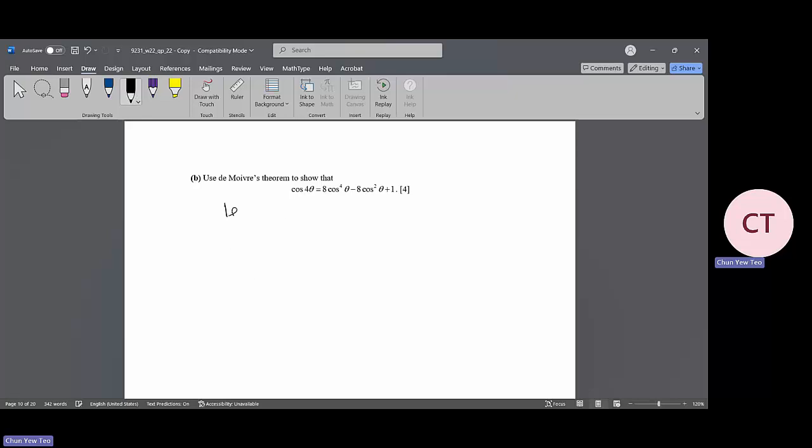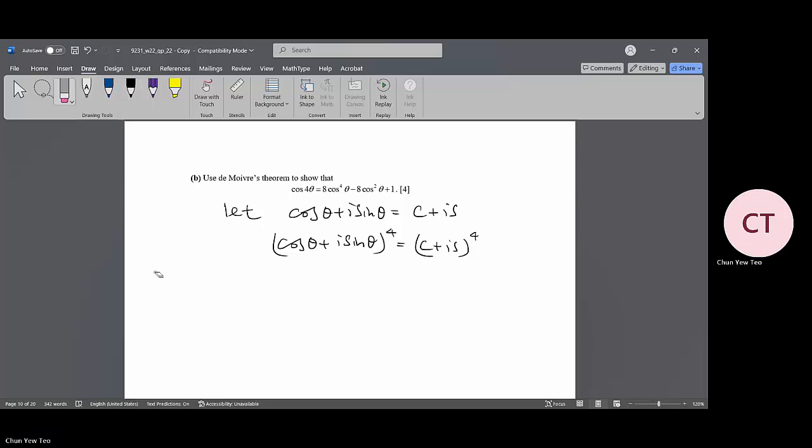So over here, we will just let cos theta plus i sin theta have the short form C plus iS. So cos theta plus i sin theta, we want the power 4, so we have C plus iS also to the power 4. By using de Moivre's theorem, I get cos 4 theta plus i sin 4 theta for the left-hand side.